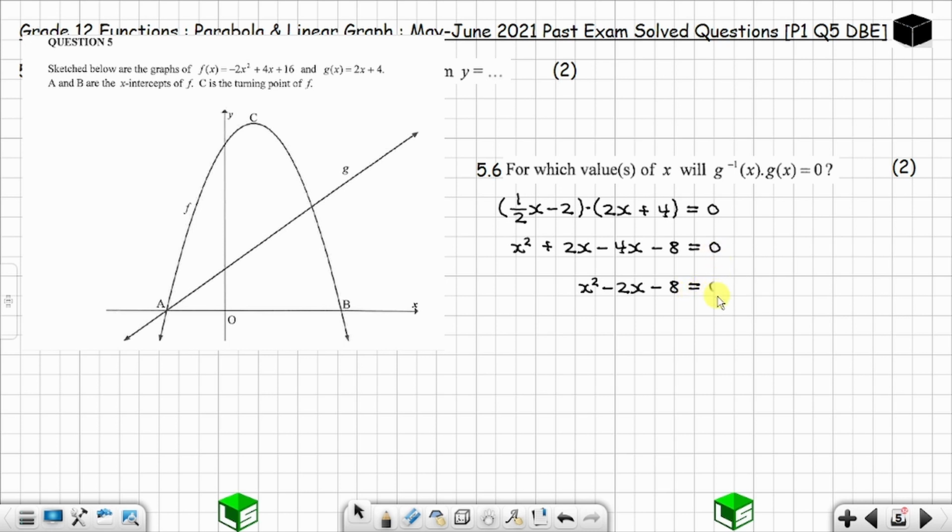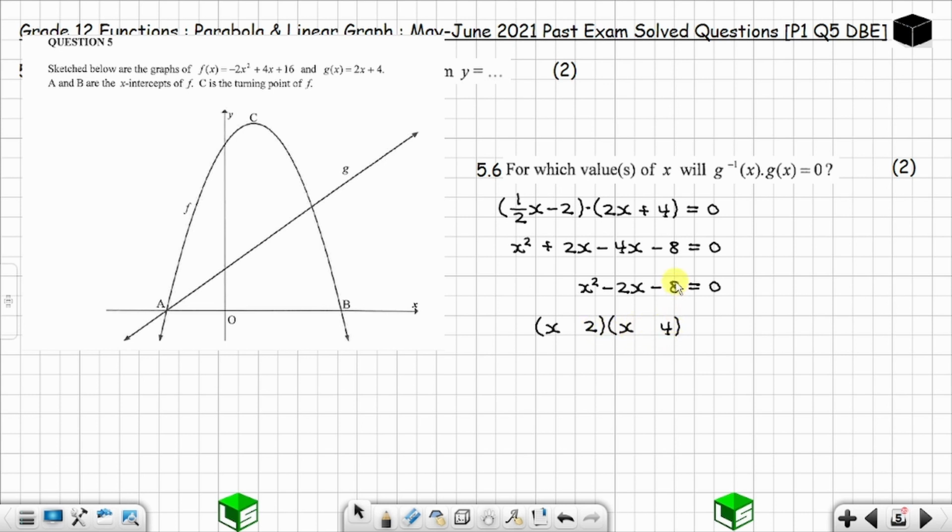Okay, now you need to factorize. You have two brackets like this. You have x squared there, so you must have x there and another x there, because this is going to give you x squared. And 8 can be 1 times 8 or 2 times 4. So you need to obtain the middle term. You can obtain the middle term from 2 and 4, because 2 times 4 is equal to 8, so you must have 2 there and 4 there.